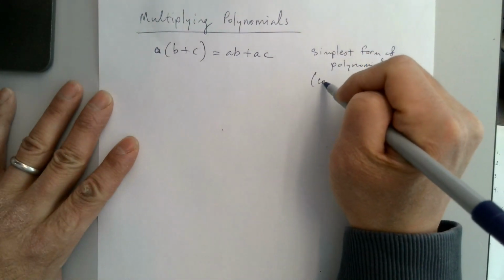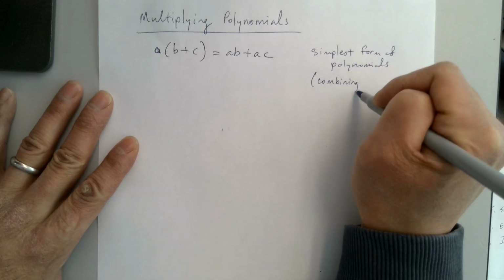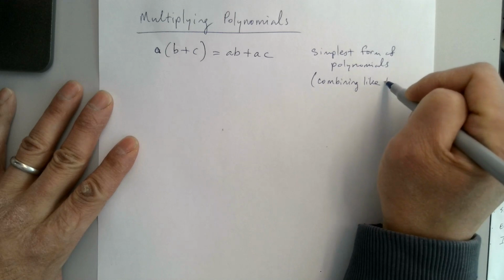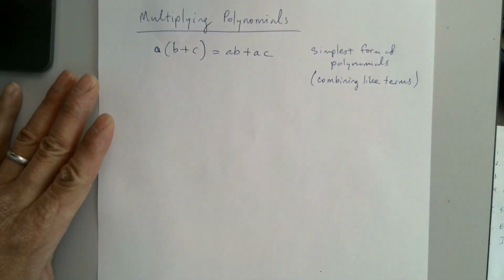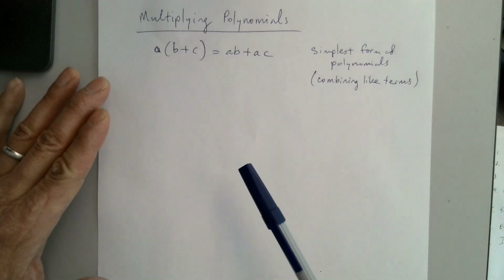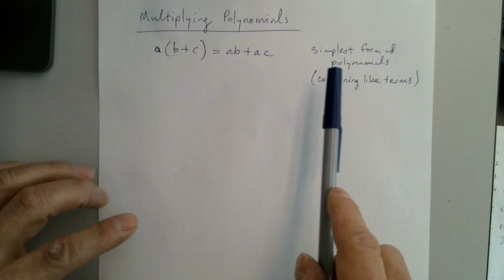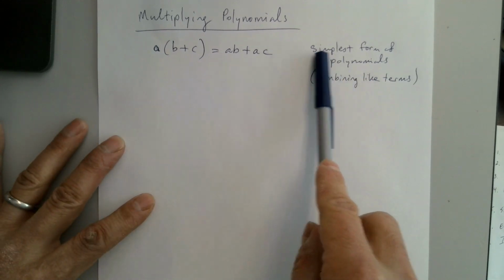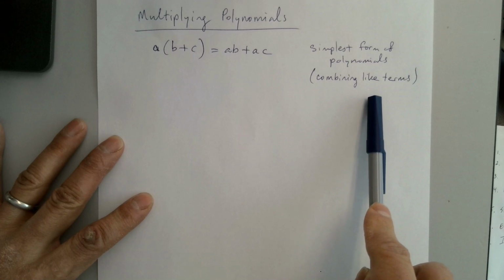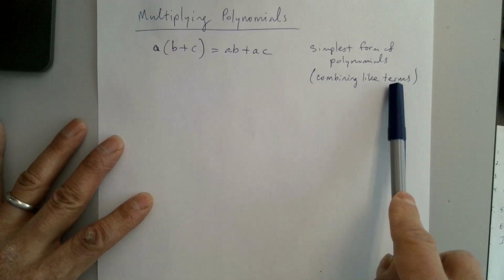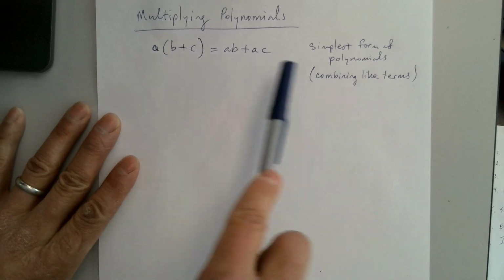Simplest form of polynomials is achieved by combining like terms, and that's something we talked about in the last video: adding and subtracting polynomials, combining like terms. So you know when a polynomial is in simplest form when all the terms that you could combine are combined. But you'll see what that looks like in a second.